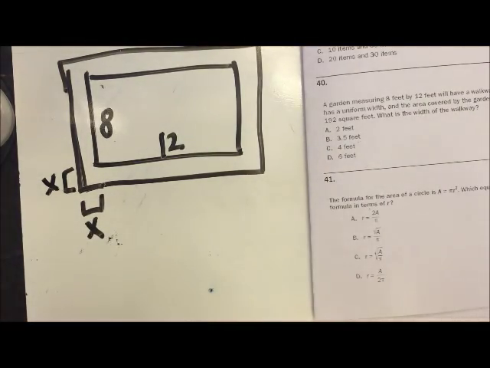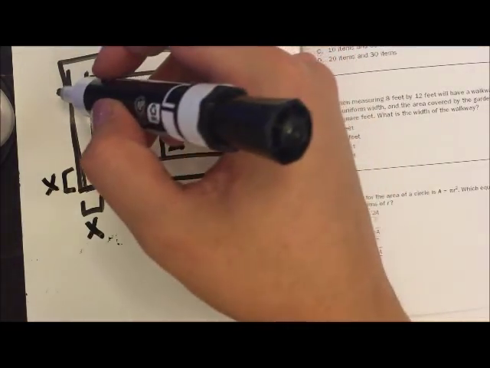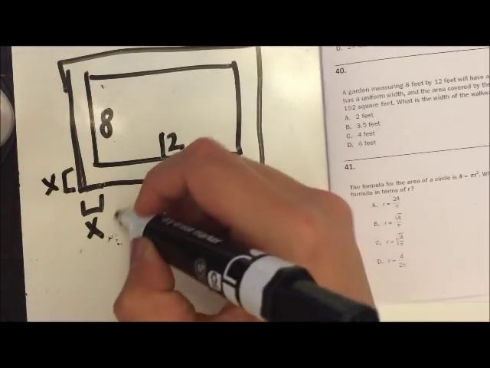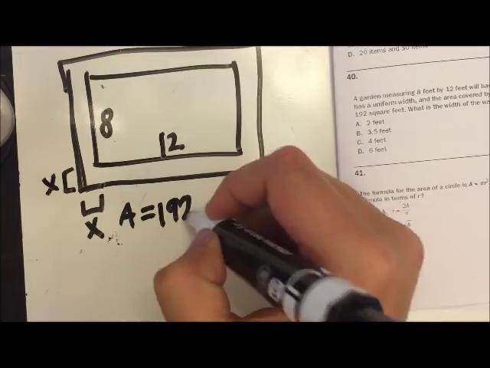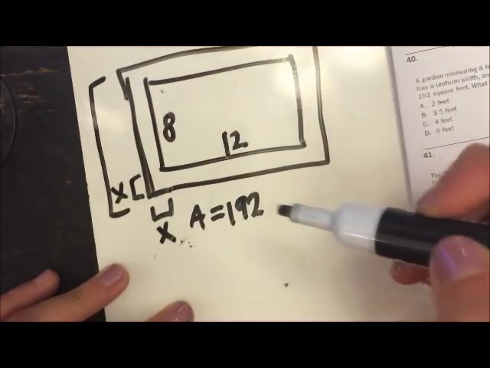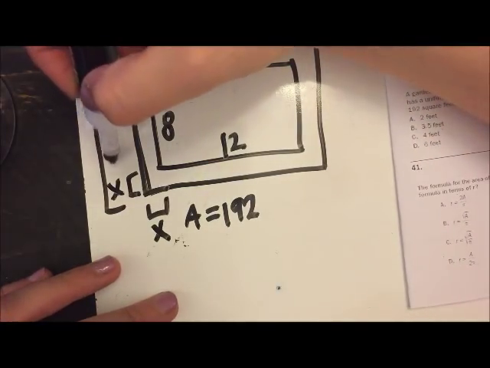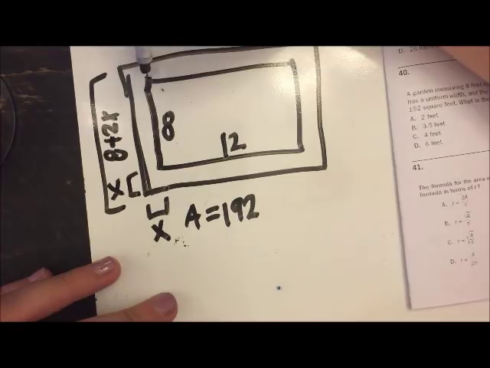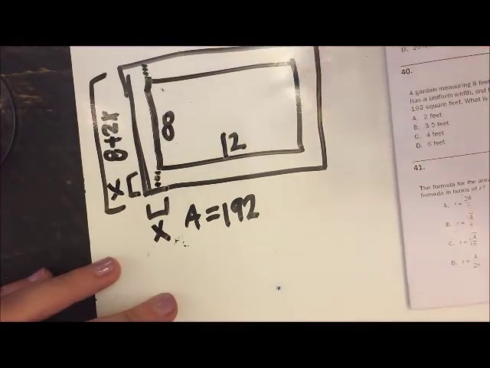What is the width of the walkway if this whole area, the entire thing, has an area of 192 square feet? Well, I'm going to give this thing a dimension. I'm going to say it has a dimension of 8 plus 2x. Why? Because it's this 8 plus this x and this x.